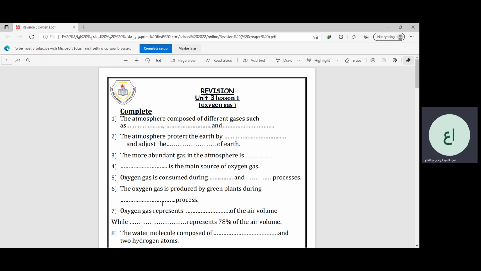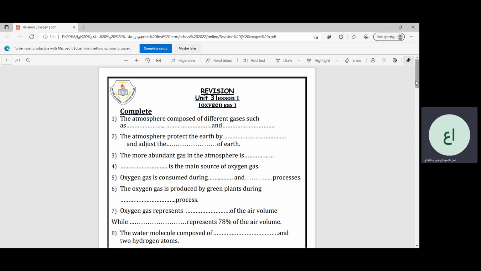The roots of green plants absorb the water and mineral salts from soil. Okay, what will it give me or produce? It produces oxygen gas and its food. So here the oxygen gas is produced by green plants during photosynthesis process.